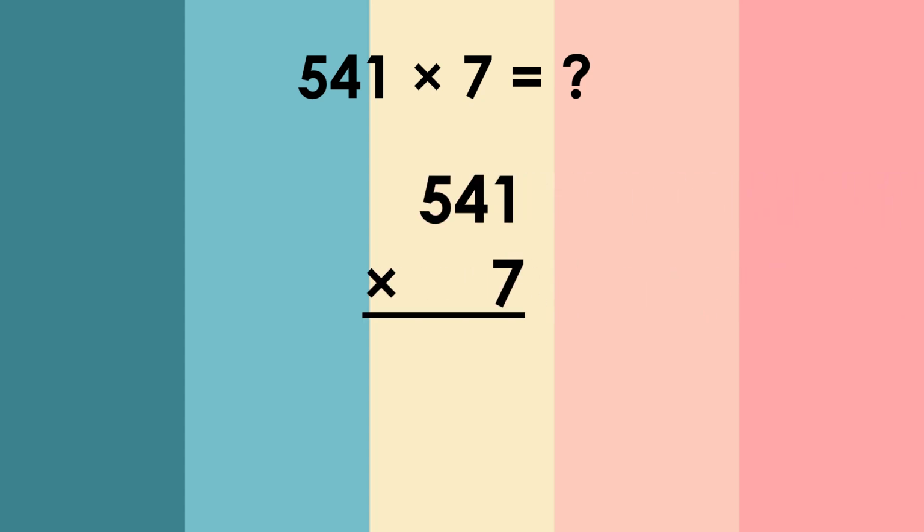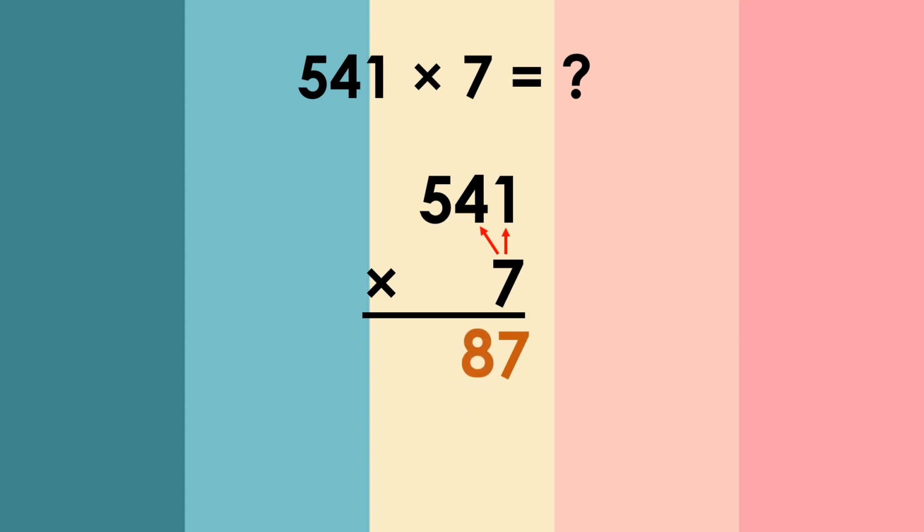Let us multiply 541 by 7. Again, follow the steps. Align the digits properly, then multiply starting from the right, going to the left. So we'll start with 7 times 1 equals 7. 7 times 4 equals 28.